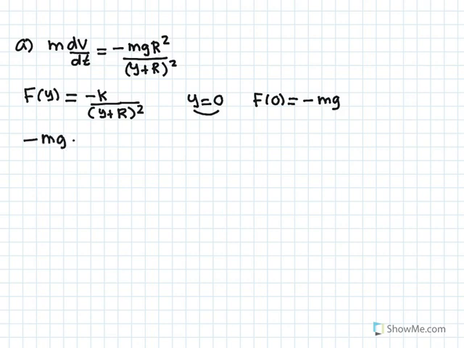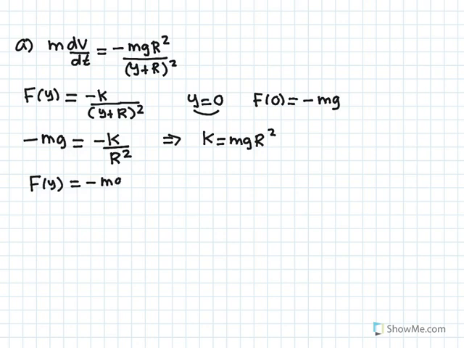So we get -mg equal to -k divided by, and y equals 0, so we get R^2 in the denominator. If we solve for k, cross multiplying, we get k equal to mgR^2. So f(y) is equal to -mgR^2/(y+R)^2. Now we know force is mass times acceleration. That's Newton's law.